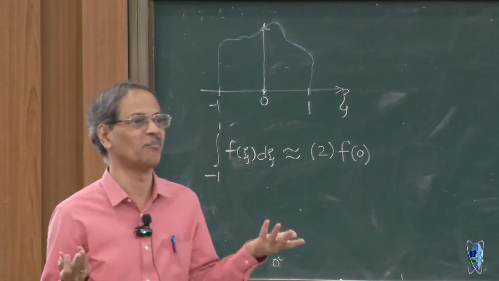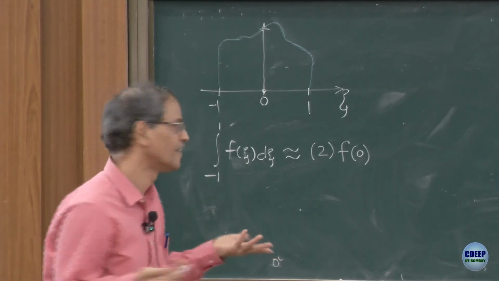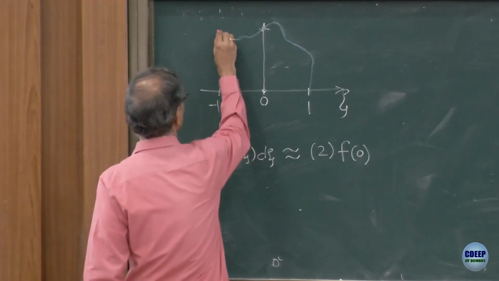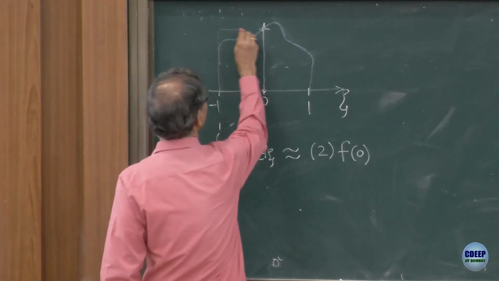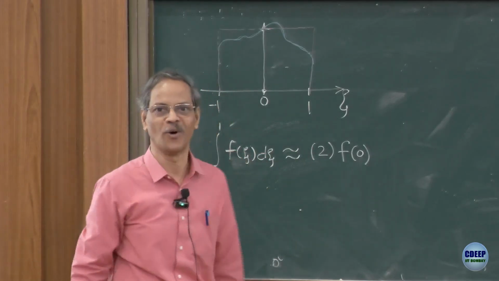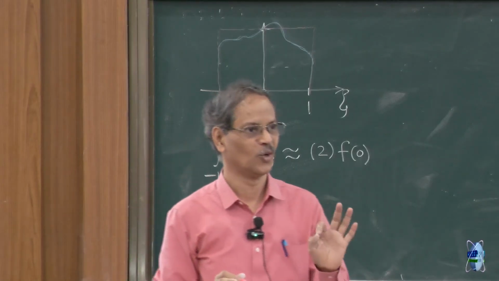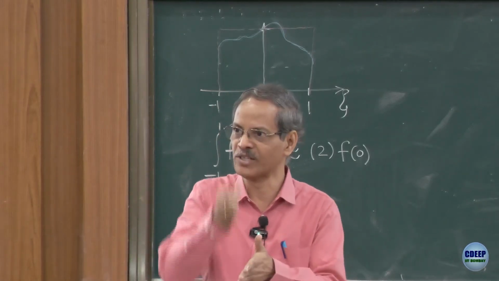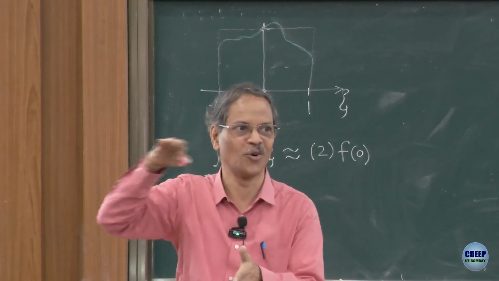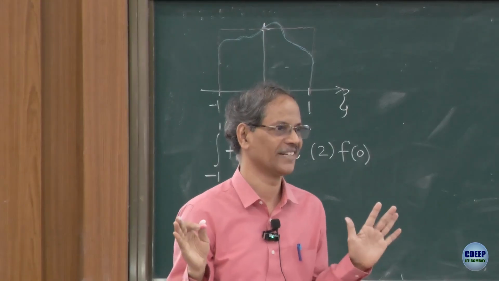What is the shape you are approximating the function to be? That is all. He is saying, if it is only one point, then simply take it as 0, the center of the interval, whatever is the value, assume that it is constant throughout that interval. So, that is the area that you will approximate.